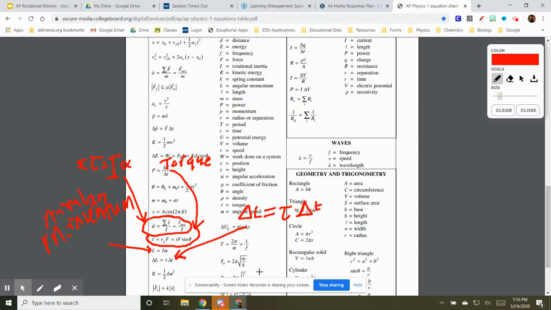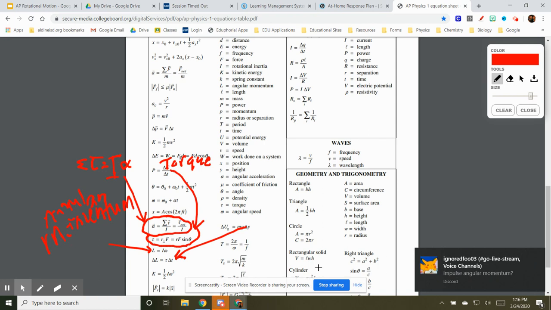What is that? Impulse angular momentum. Ew. I guess.